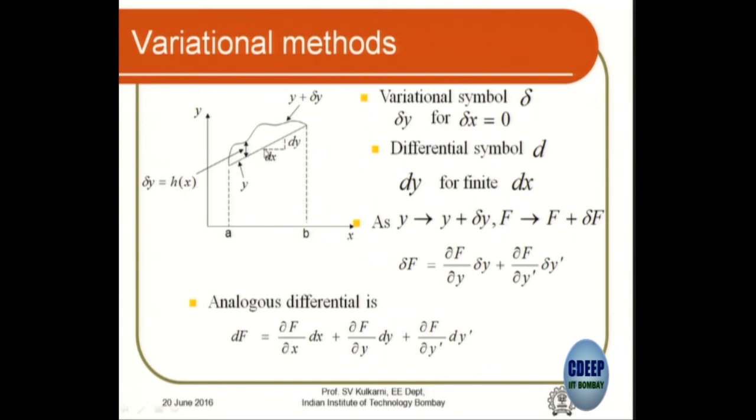Because at this x the height is so much, at this x the height is more. So that is why del y is a function h of x, because at various x values the height of that variation is different, and that is denoted by h or h of x, right.